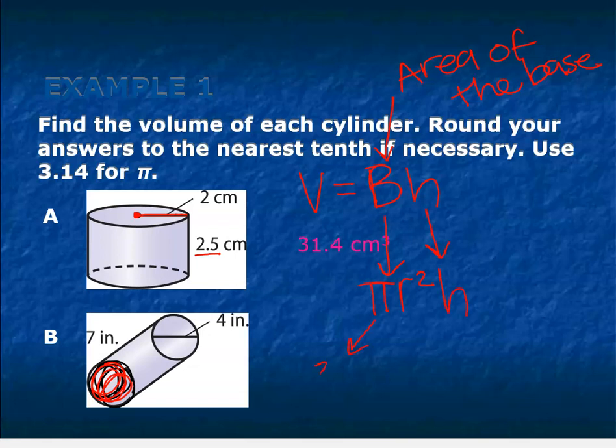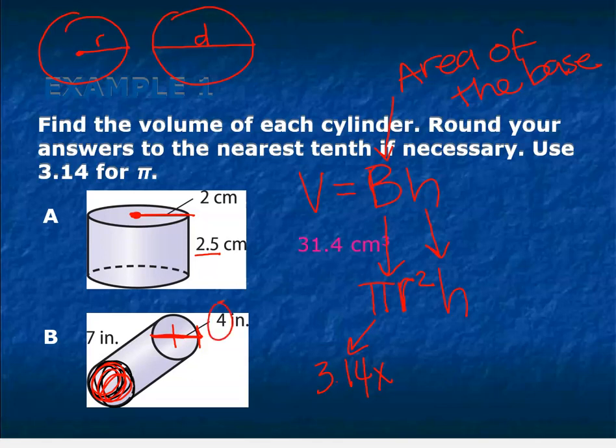Pi is 3.14 times the radius. Again, the radius means half. Now, what is different with this one? This one is a diameter. A diameter means everything, so you have to cut it in half to find the radius. The diameter is everything, and the radius is half of it. We need the radius for the formula. Half of 4 is 2, so 2 squared times the height.